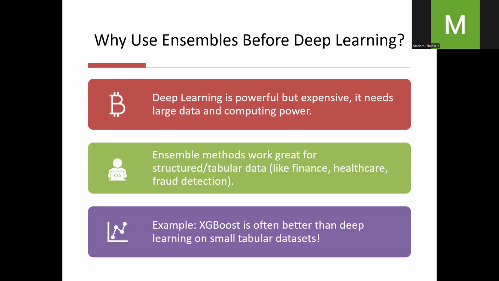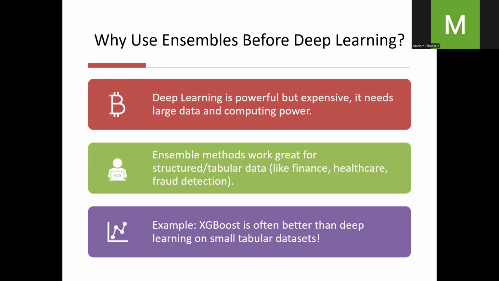So why? First of all, deep learning is extremely powerful, but it's also extremely expensive. It needs large data and mostly it needs computational power. If you don't have an extremely large data set, then deep learning won't work for your use case.